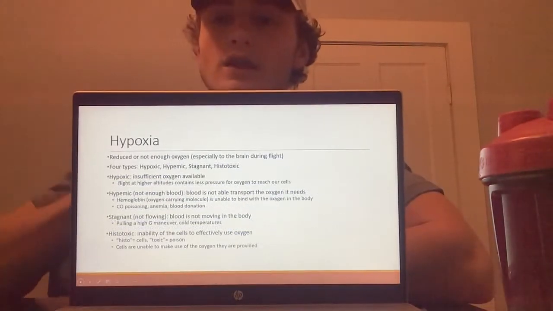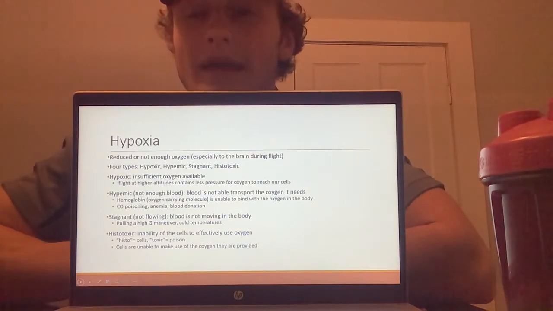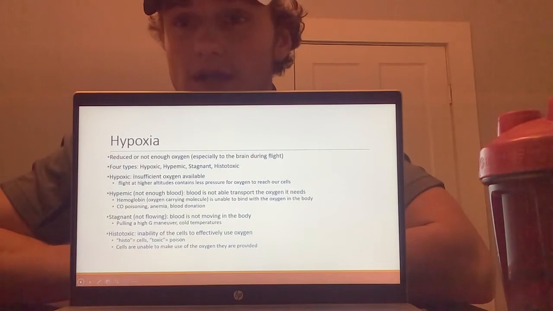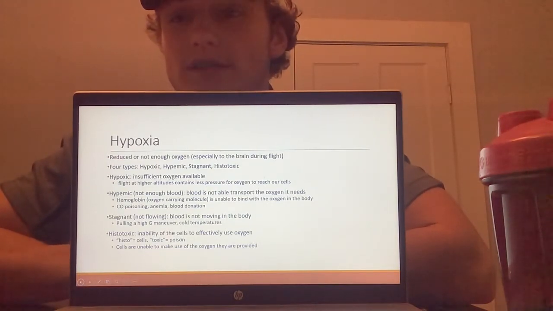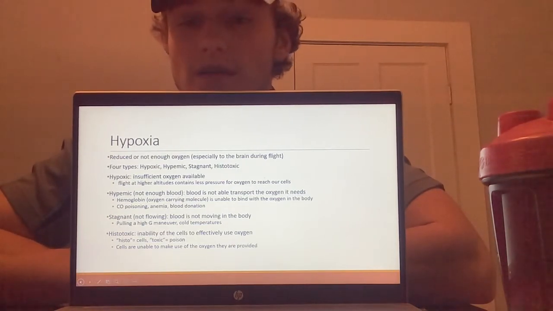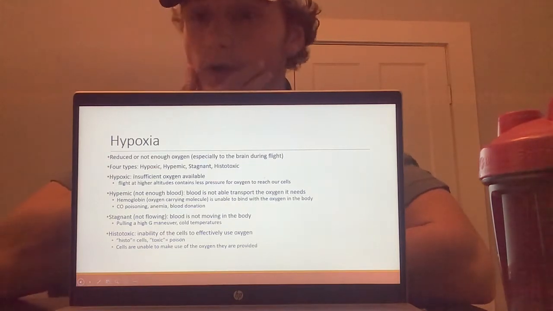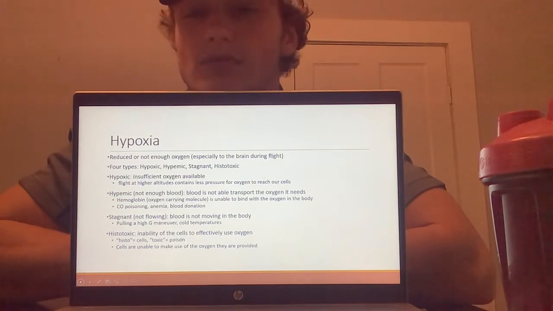Now, moving on to some factors that affect pilots while flying. A major one that we all can experience when flying at higher altitudes is what's called hypoxia. This really can affect pilots and is very dangerous if not noticed quickly enough. Hypoxia in general is a reduced amount of oxygen to the body.